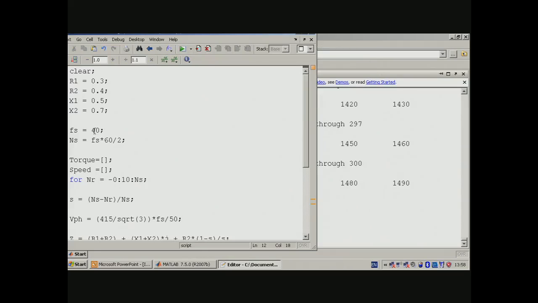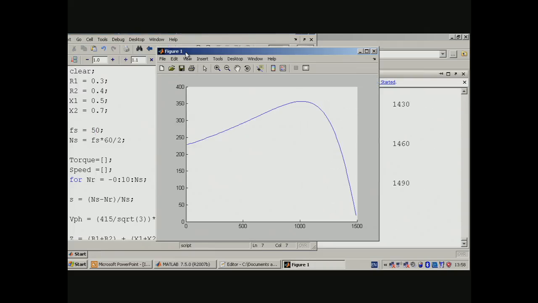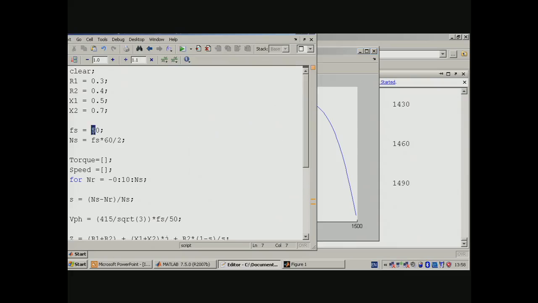Let's say for 50 Hertz we have this, and then for 40 Hertz you have this profile, and then for 30 Hertz.